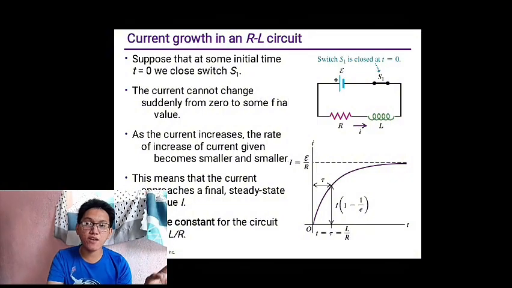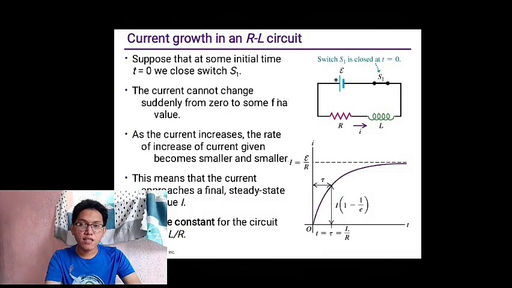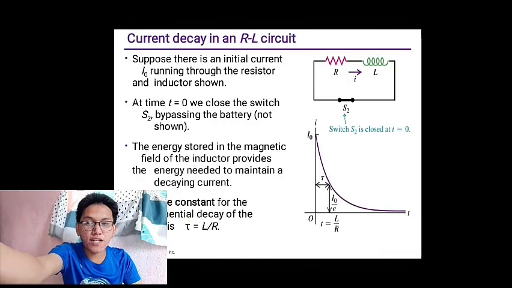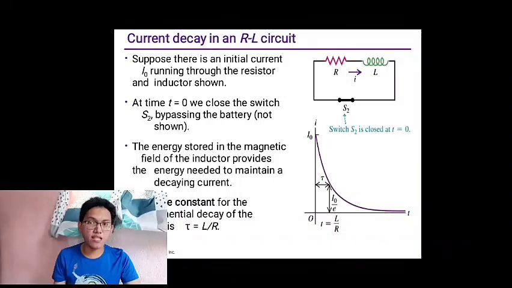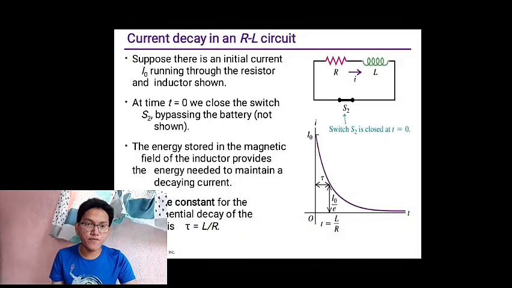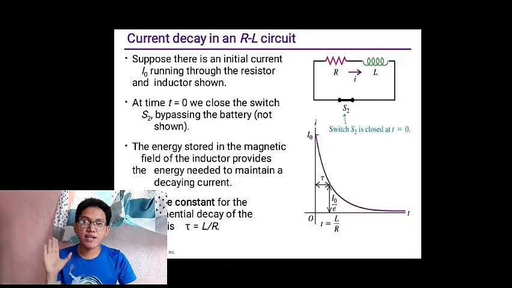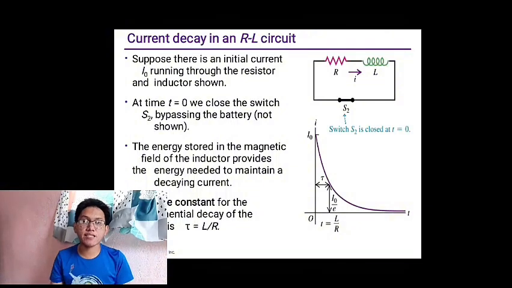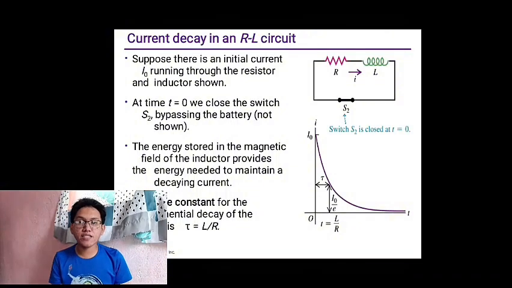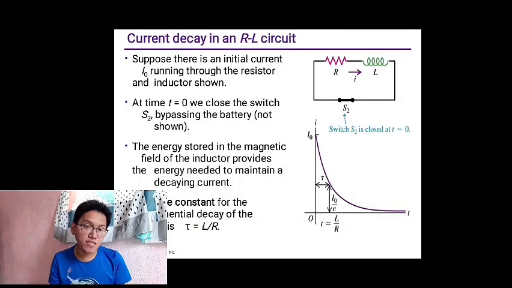The time constant of an RL circuit is given by tau equal to L over R. If the current decays in an RL circuit when the battery is removed, the energy stored in the magnetic field of the inductor maintains a decreasing current. So the current decays exponentially with the same time constant, L over R. So, this is the formula.